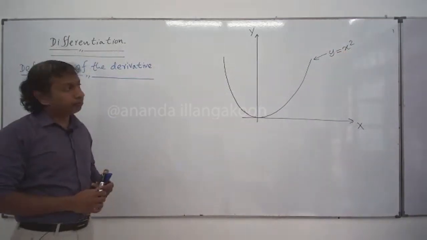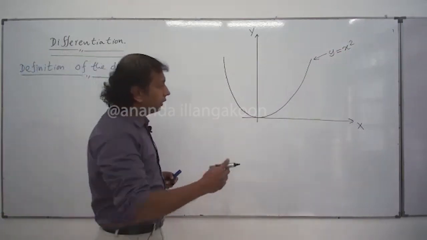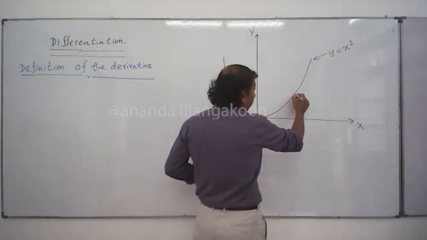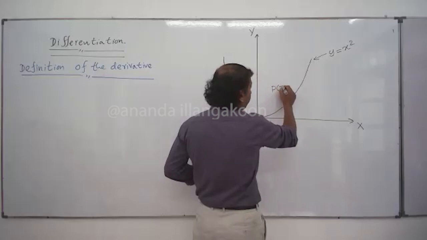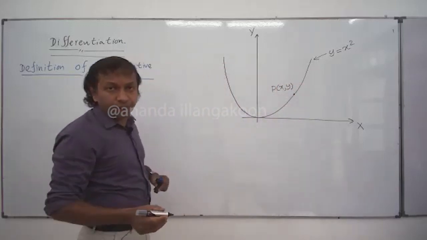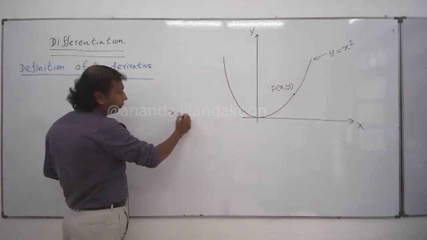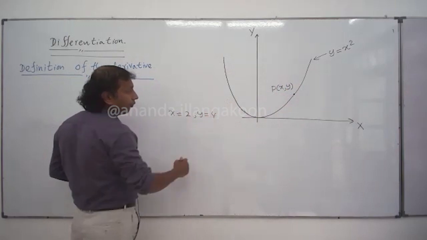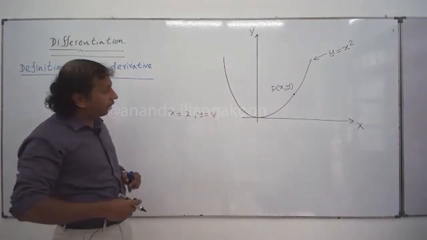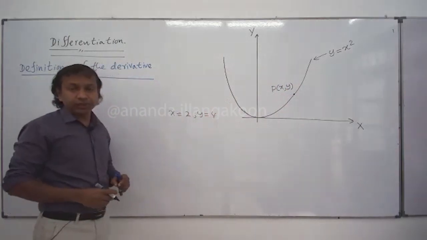This way a graph. People, I am going to consider a point on this graph. The coordinates of that point I'm going to take as point P, coordinates x, y. For example, x is 2, and when x equals 2, y is 4. Such a point only I am considering here as P(x, y).